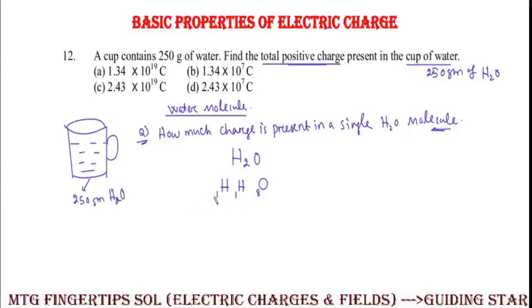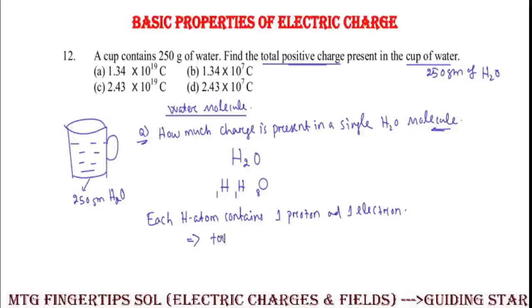So here in this particular case each hydrogen atom contains 1 proton and 1 electron. Similarly, the total number of protons and electrons present in the 2 hydrogen atoms of a single water molecule.